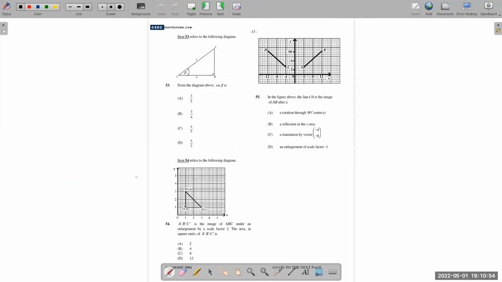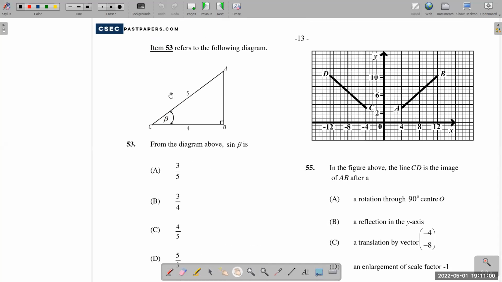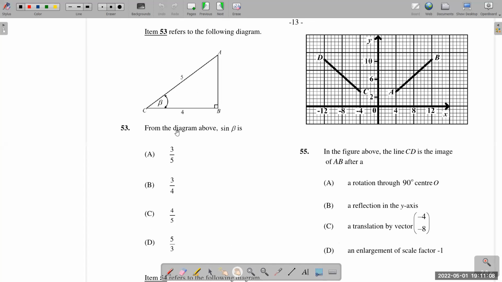All right, so now we know we're going into trigonometry and geometry. So let's look at this next question. From the diagram above, sine beta is which one? I'm not telling you this one. Choose an answer quickly. Which one is it?